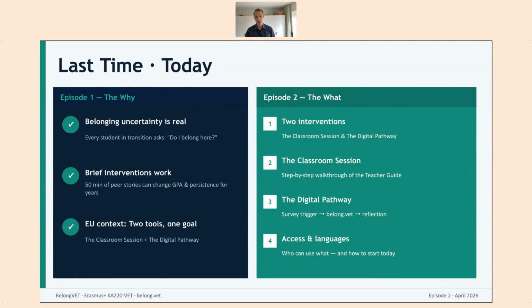But in the European context, with privacy and GDPR, it is very hard to know anything about the students and provide very specific interventions. So we took a different approach, and I'm going to go through it today.